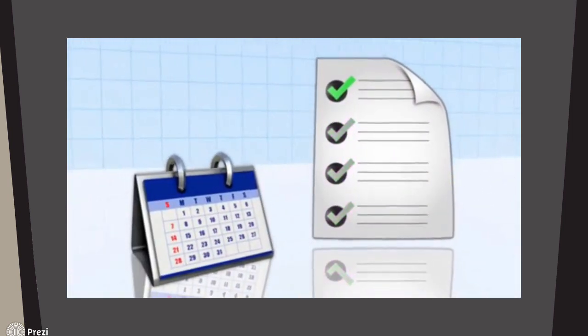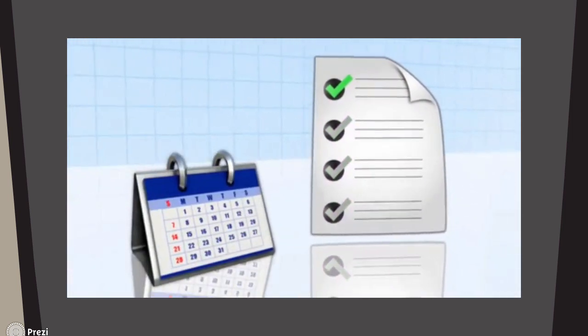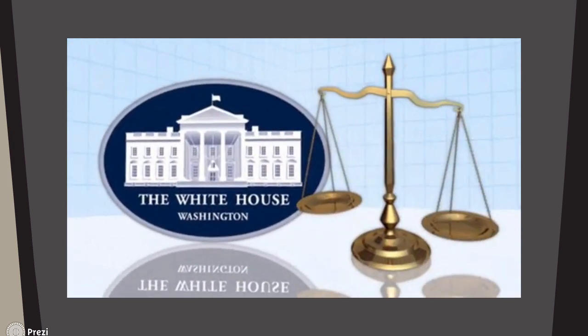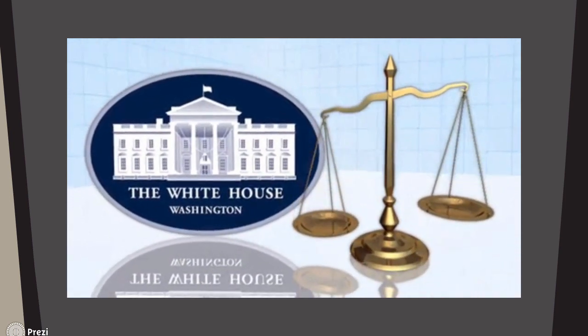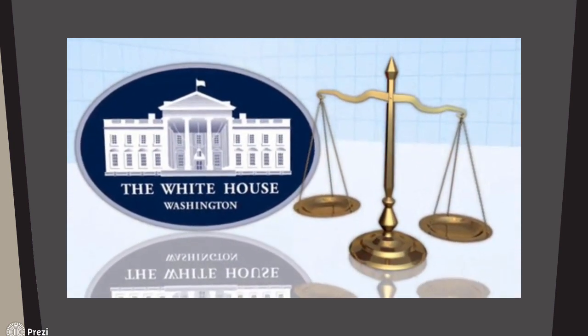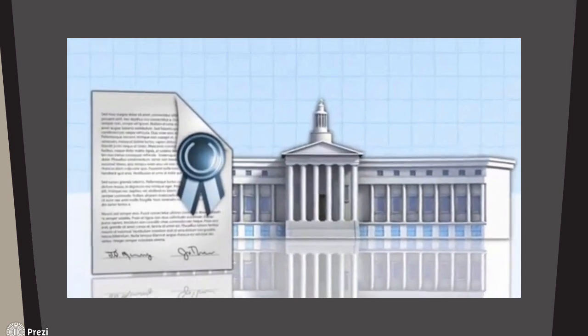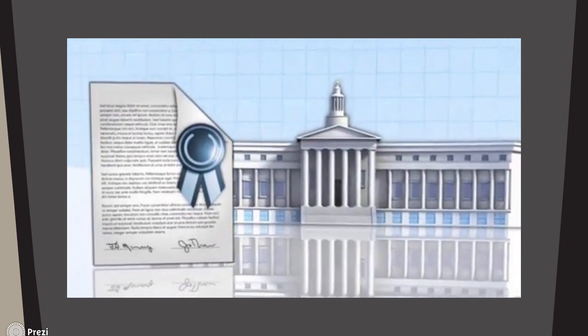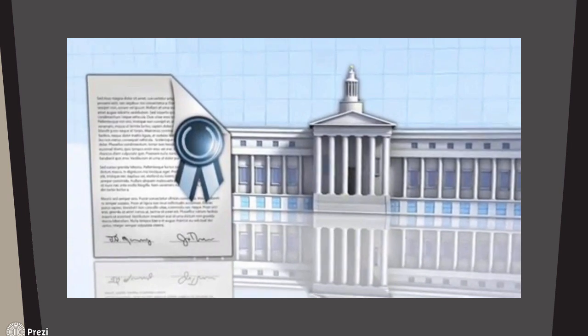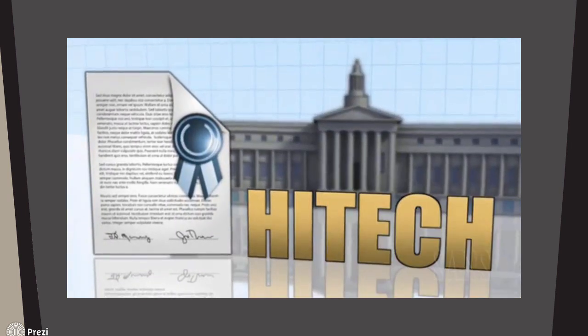The most significant update happened on February 17, 2009, when President Barack Obama signed the American Recovery and Reinvestment Act of 2009 into law. This included the Health Information Technology for Economic and Clinical Health Act, also known as the HITECH Act.